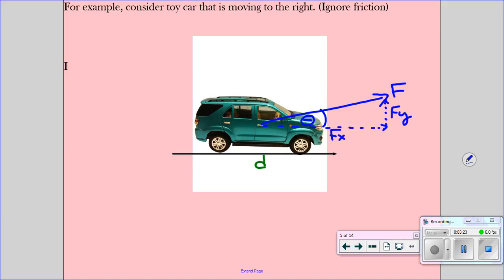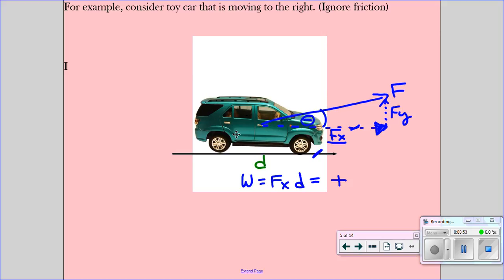And the force in the x direction runs parallel to the direction the car is going. So in this particular case, the force and work acting on the object is going to be positive because the force in the x direction is moving the same direction as where the car is moving.